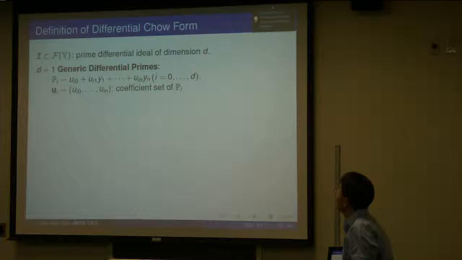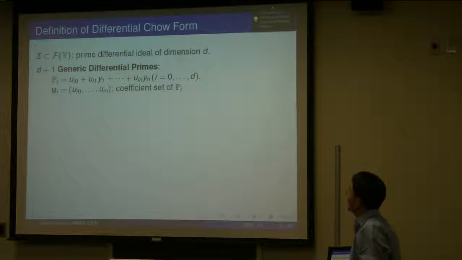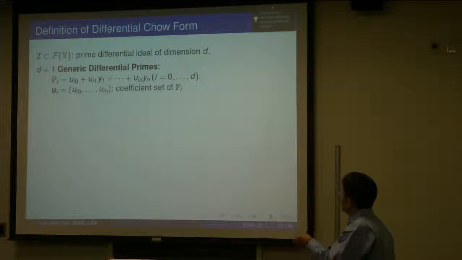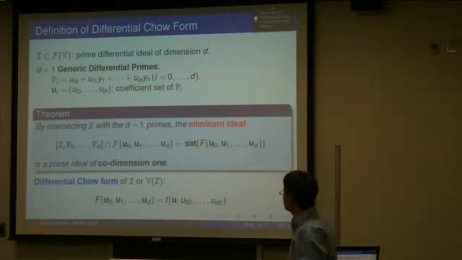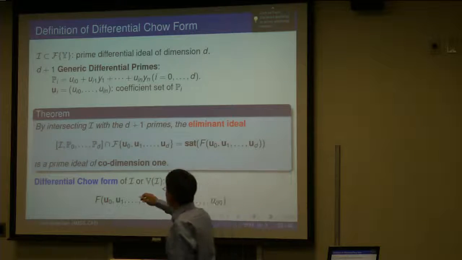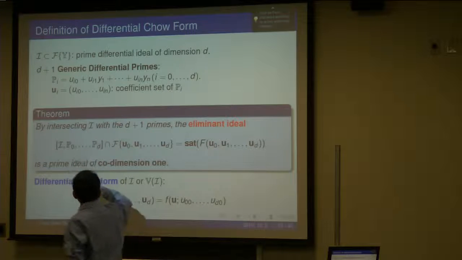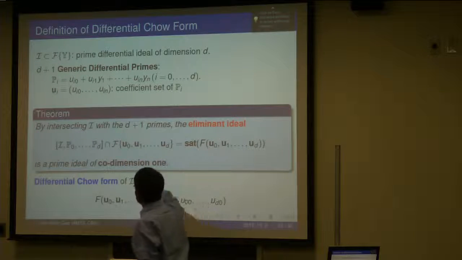Let I be a prime ideal of dimension d, and we consider d plus 1 generic linear polynomials with coefficients u_i. Again, we use the generic intersection theorem. We intersect I with P0 to Pd, and then consider only the coefficients of the P_i.